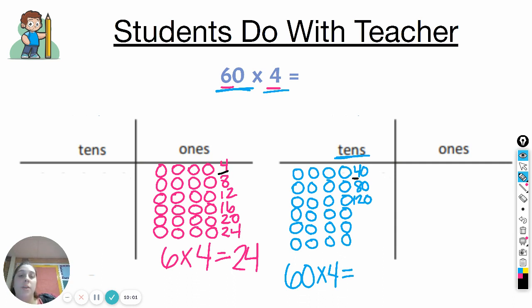Here we have 4 with a 0 after it. Over here we have 8. Over here we have 8 with a 0 after it. Over here we have 12. And over here we have 12 with a 0 after it. So each time we're just adding that 0 on at the end, and that's because we're really just multiplying by 10. So we're adding the place value of that 0. Go ahead and finish your skip count so that you can solve for me the answer to 60 times 4.